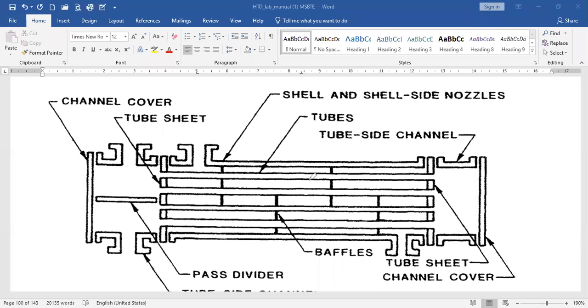Now there are different baffles incorporated in the shell and tube heat exchanger. So we can show these baffles. This part is a baffle, this part is a baffle. Now if you observe why these baffles are arranged in such a way, we can understand.